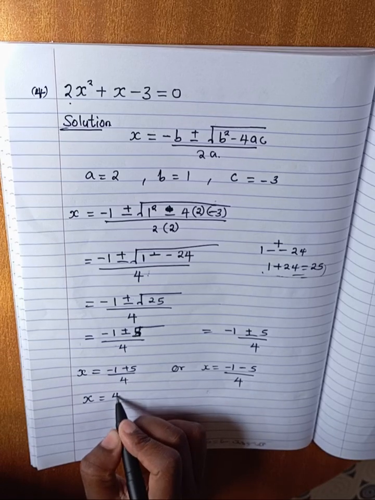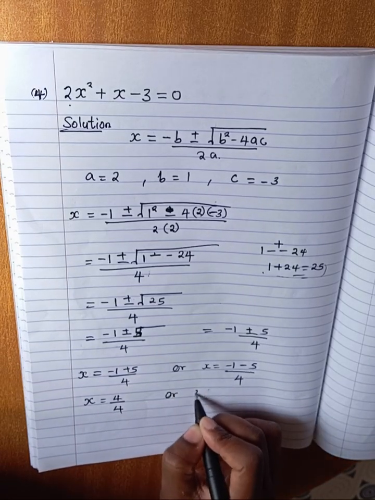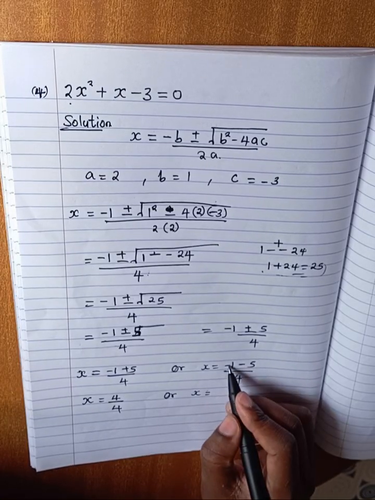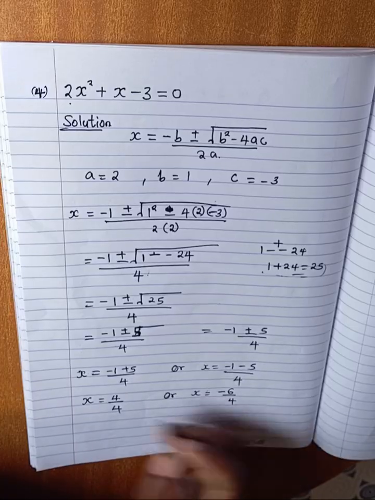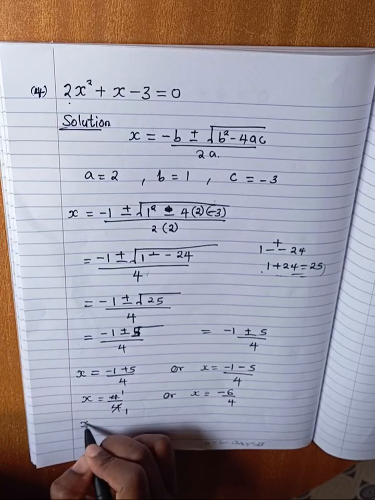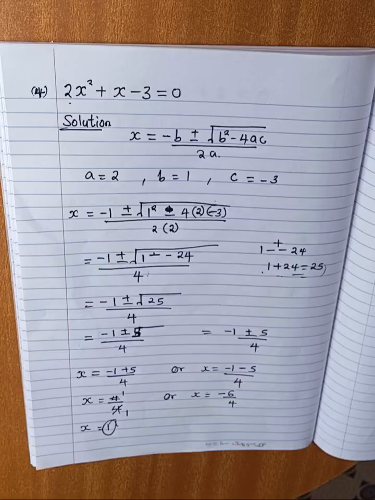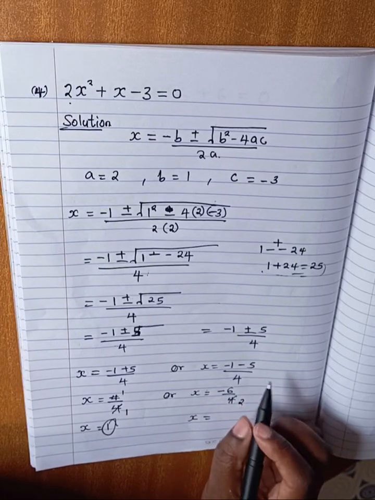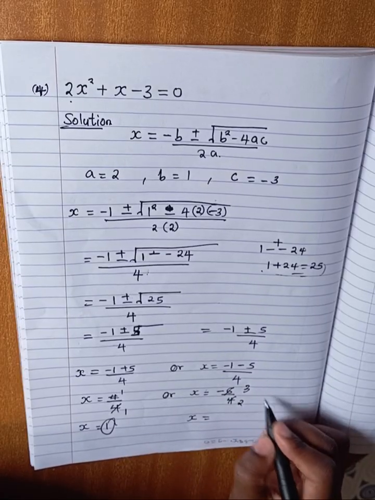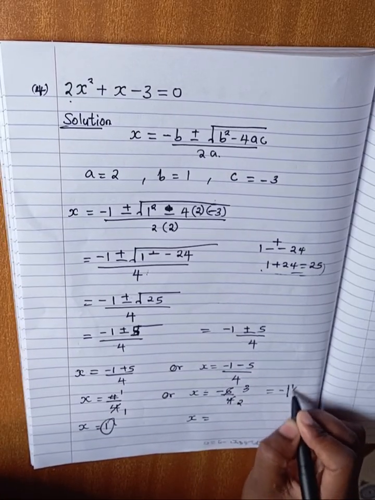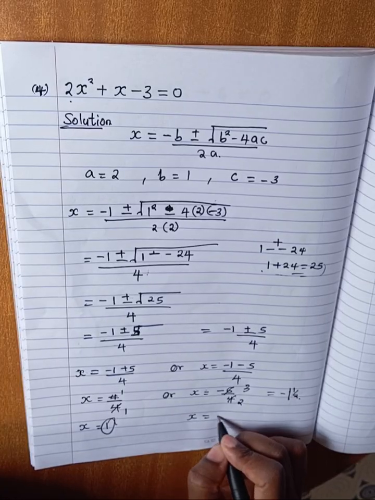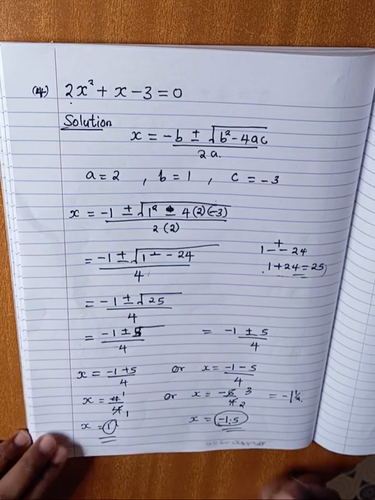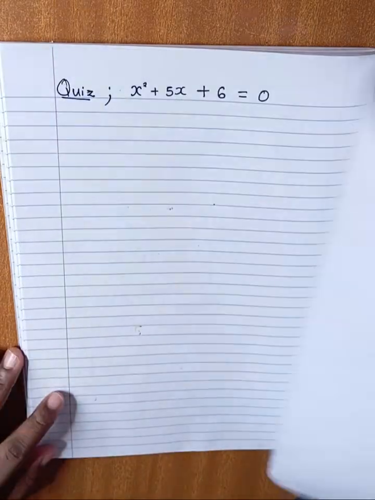Negative 1 plus 5, which is 4 over 4, or x is equal to negative 1 minus 5 over 4, which is negative 6 over 4. On this side, our x is 1. That's the best value of x. On the other it is negative 3 over 2. Those two are the values of x, which means they are our answer there. I hope we are together up to there.